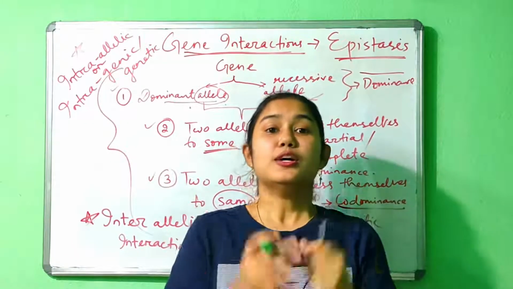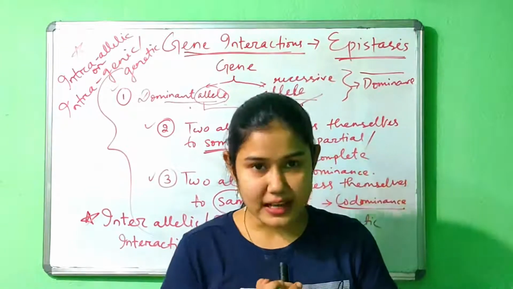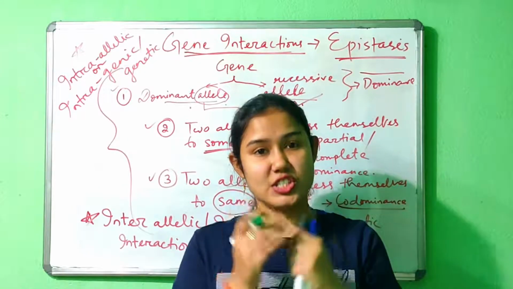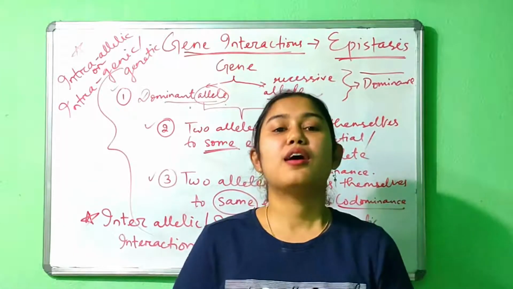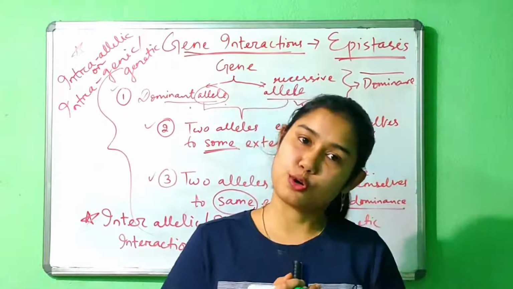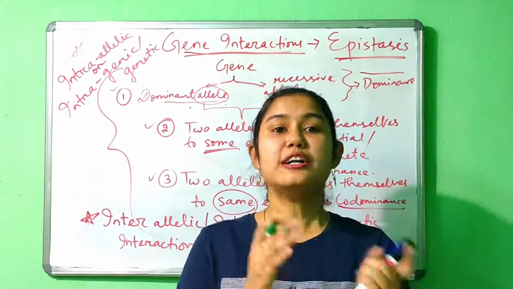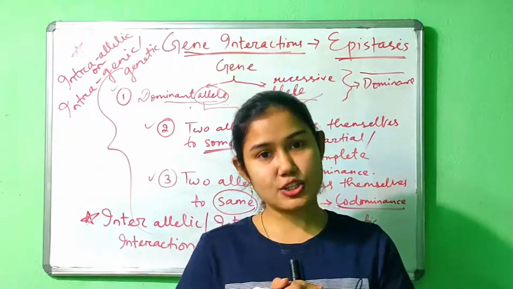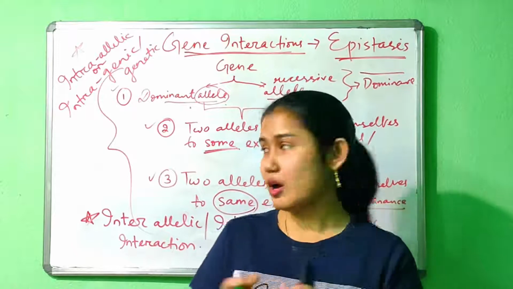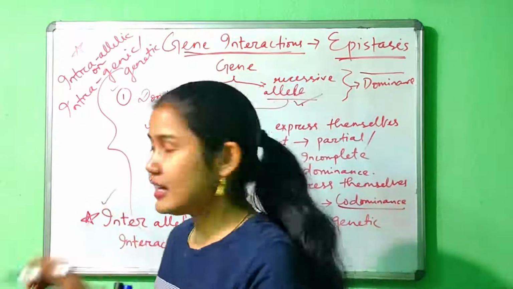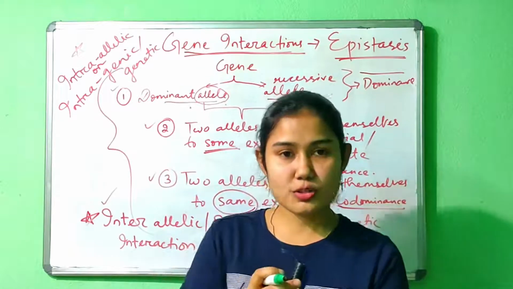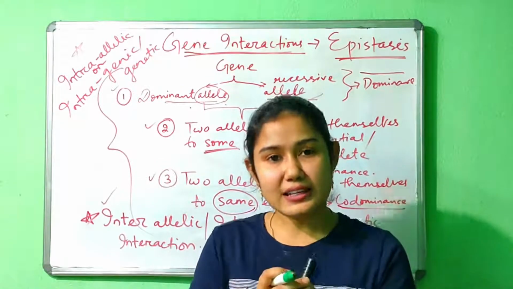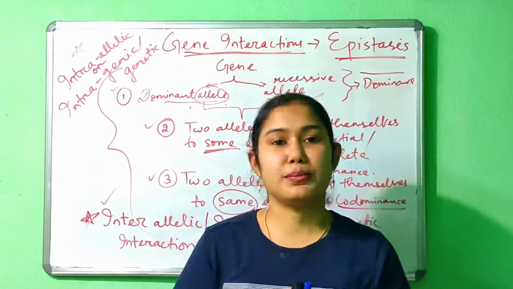Here many genes interact, and the genes that interact are present on non-homologous chromosomes, two different chromosomes. Understood? Clear? So the genes are different because they are present in non-homologous chromosomes, and they interact to produce a phenotypic trait.